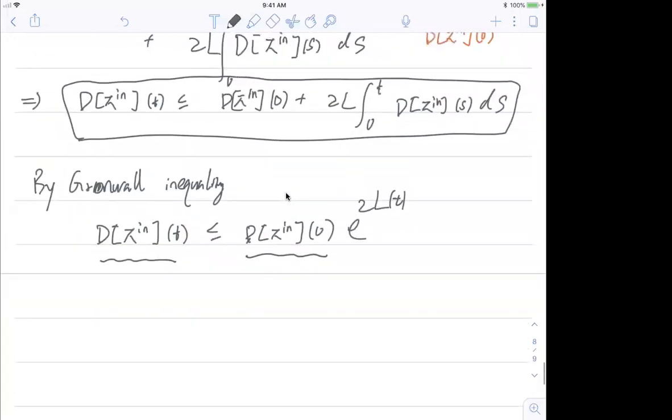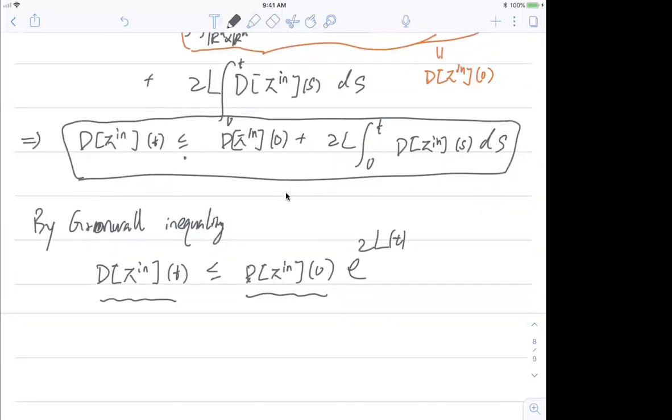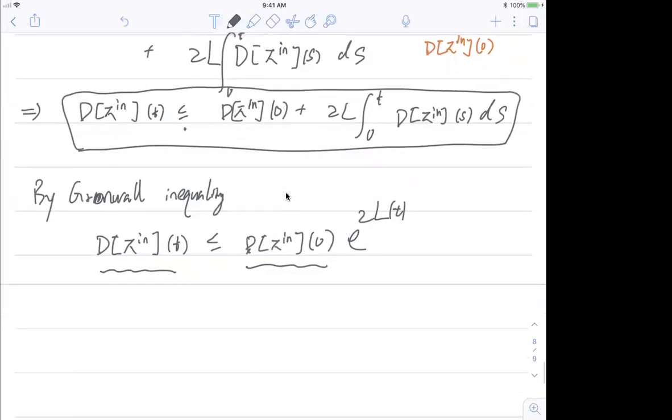One word about Gronwall inequality: basically, you can just let this be equal and solve for the upper bound. If you solve this integral equation, which can be solved by solving a differential equation, the solution gives you the upper bound. So basically, it just solves an ODE.